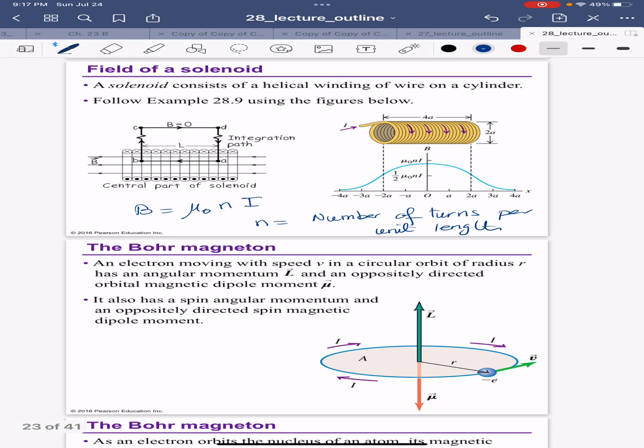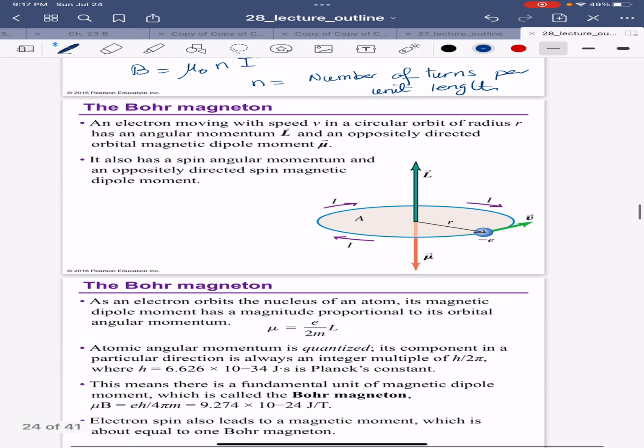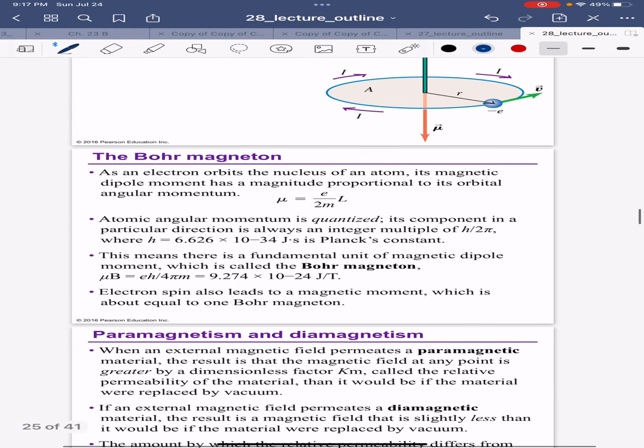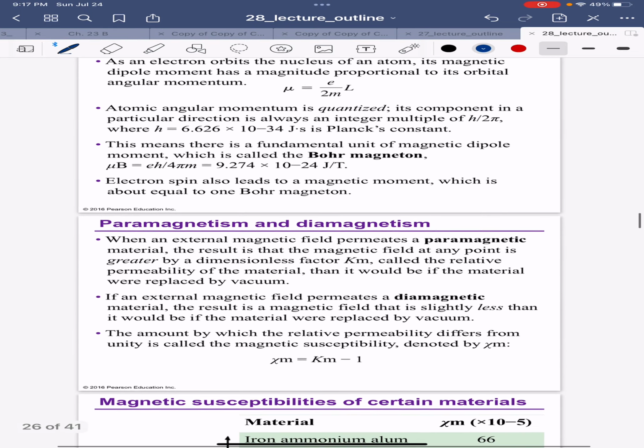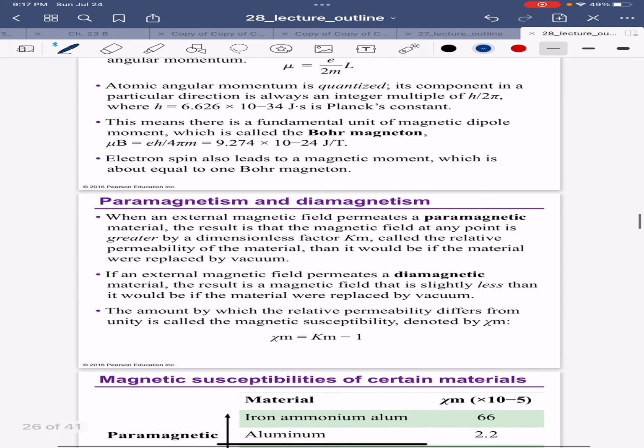Okay, for the last part here, paramagnetism and diamagnetism. This is a classification for materials.